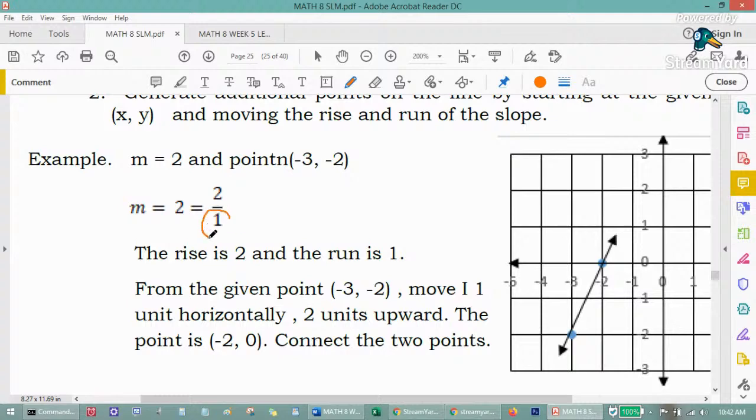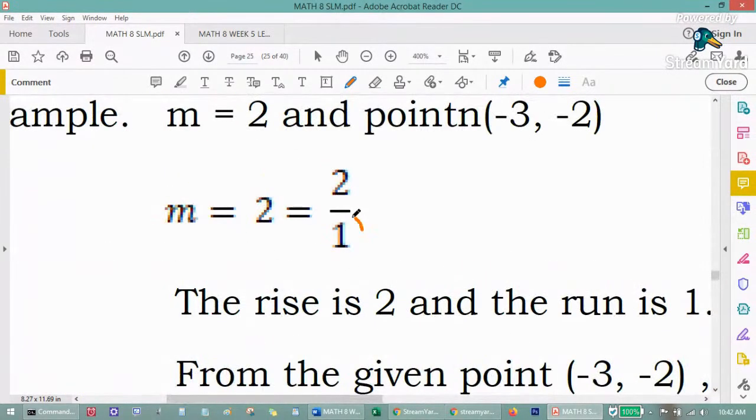So, nagkaroon ng 1 dito. Para lang itong 2 is pwede nating masulat in fraction form. Kasi, pag itong 2, dinivide natin ng 1 is parang walang nangyari. 2 pa din, no? Kahit anong number, pag dinivide natin ng 1, is equal to the same number.